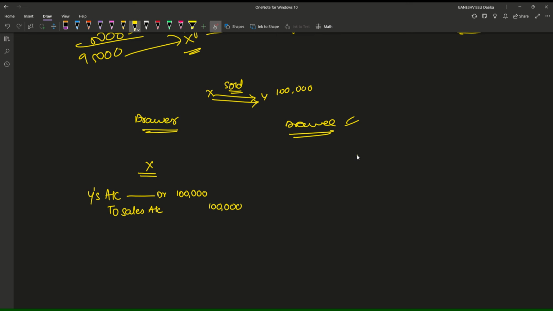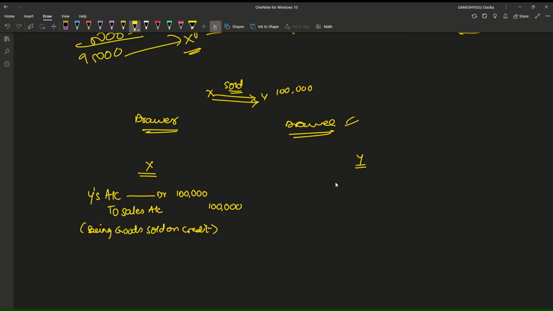So what would be the entry in the books of Y? As Y purchased goods, and the goods have been sold, the narration we can write here is being goods sold on credit.